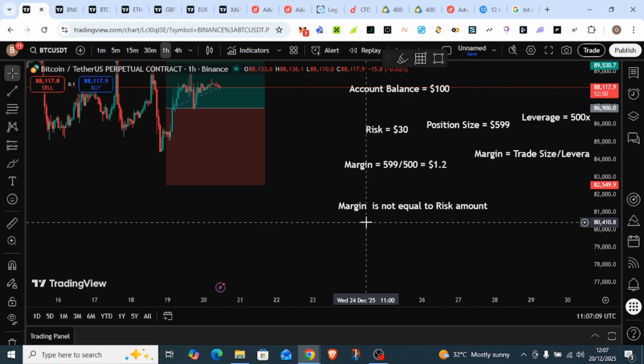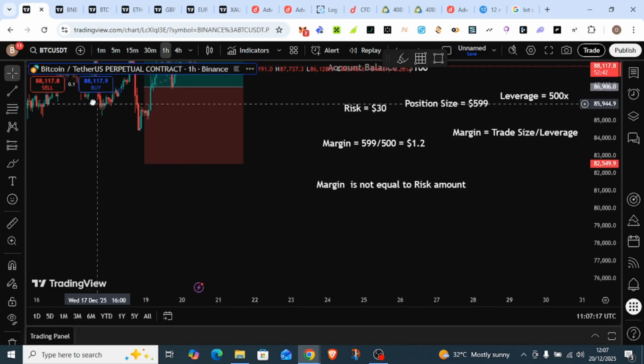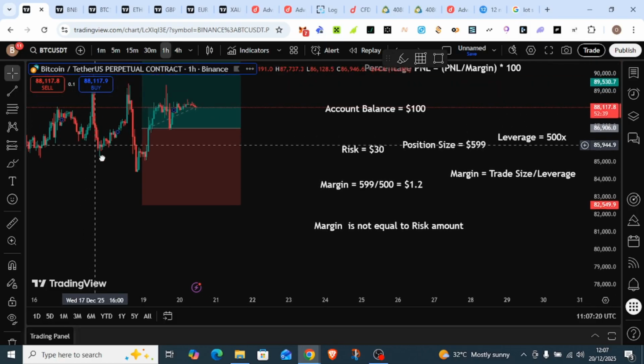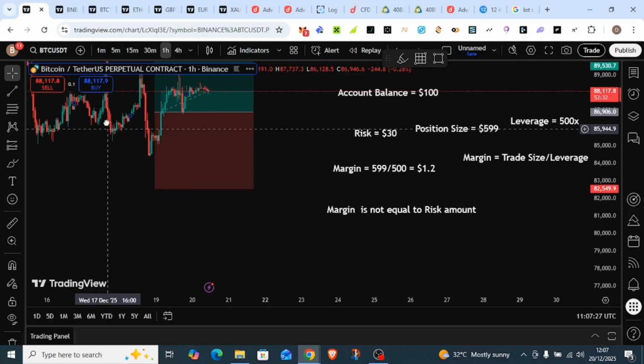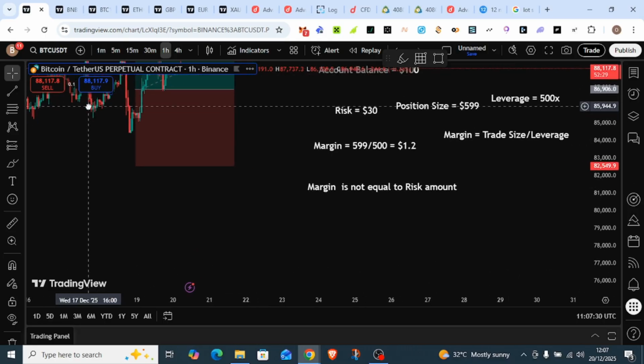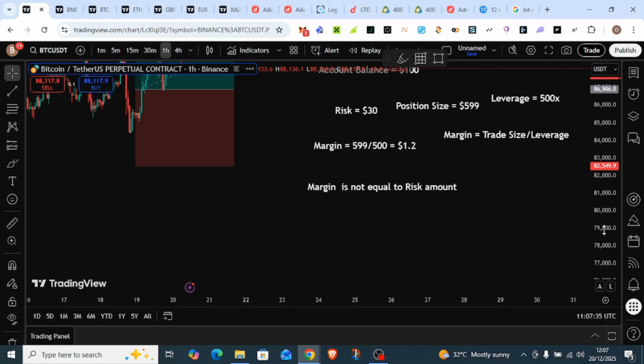So margin is not exactly equal to risk amount. Margin is the minimum amount required to place a trade. There are some things you will take note of if you want to get a high percentage PNL. But let's finish this calculation first before I tell you the things you will do to get a high percentage PNL.